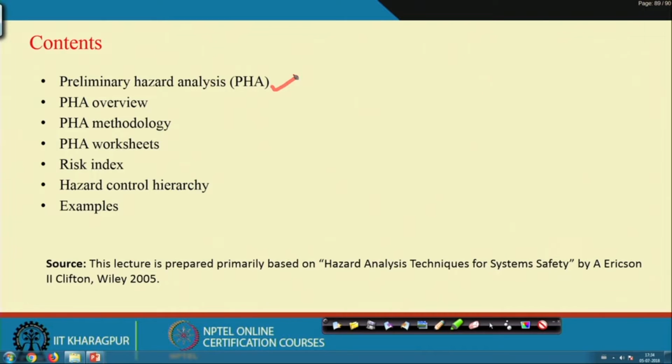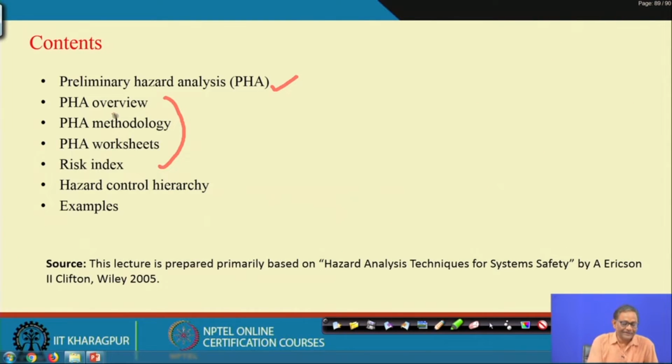Under this, these are the few things which are part of PHA: one is the overview, then the methodology, the worksheets you require to represent and document the PHA, and then the risk index and hazard control hierarchy. Some examples will be given to you. Obviously, the same book, Hazard Analysis Techniques for System Safety.